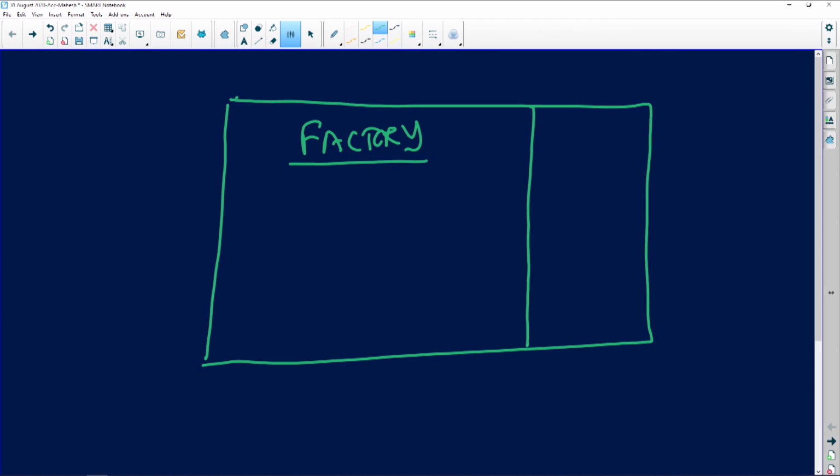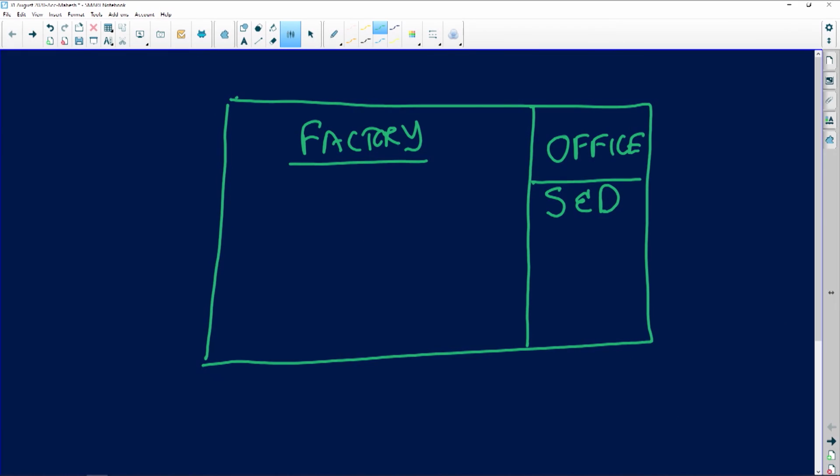Obviously you're thinking of machinery, factory workers, and the product being manufactured. Right, then we've got a little office somewhere in the back, and that's where all the admin takes place. And obviously the warehouse where the selling and distribution is going to take place.